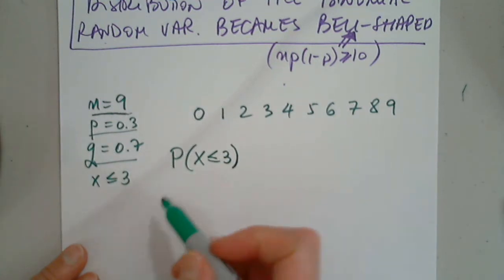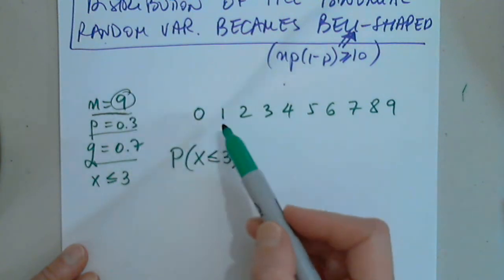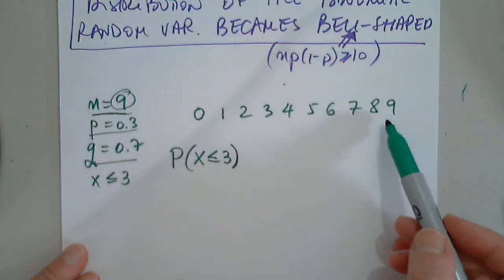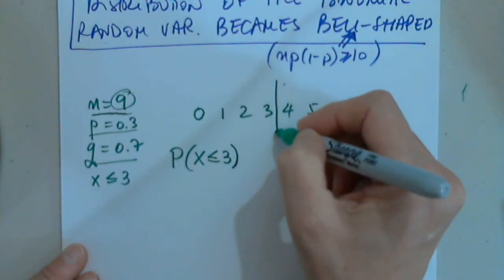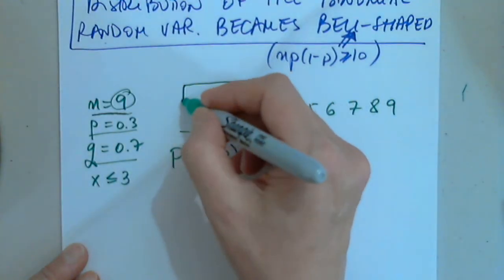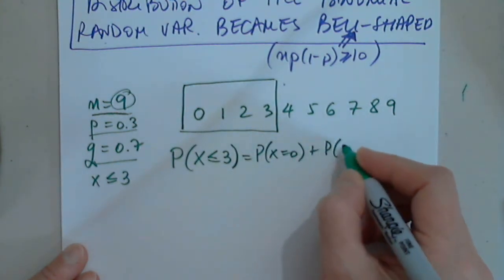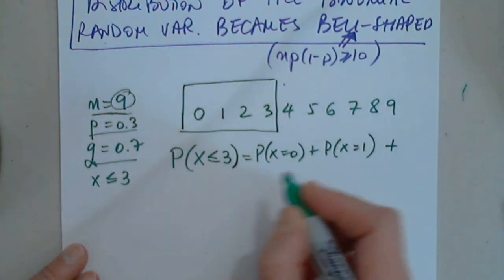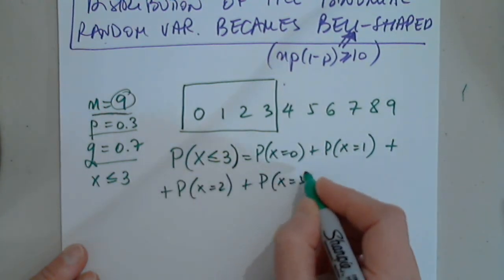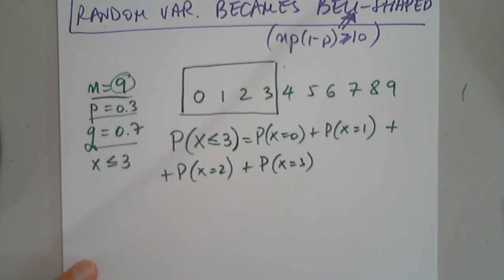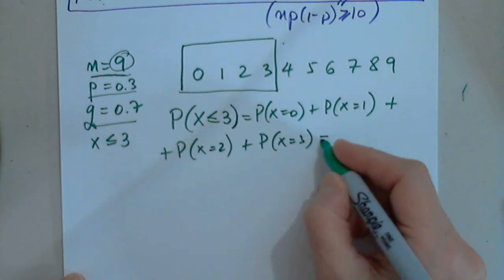What are the possibilities for x? 0, 1, 2, 3, 4, 5, 6, 7, 8, 9. The probability for x less than or equal to 3 is the probability for x to be 0 plus the probability for x to be 1 plus the probability for x to be 2 plus the probability for x to be 3. We'll calculate this in a minute.